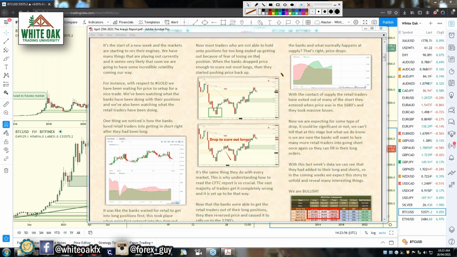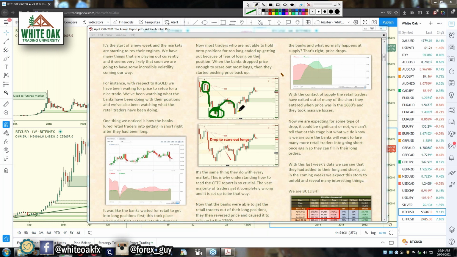So we pointed out before that when price was down here, retail traders got in mostly long. Now up here, they were getting in long. They lost, so they went in short too late in the game. And then at this very low, they got in long again. It came up. When it started to come back down, retail traders started to freak out because, once they've taken losses, they get so freaked out they don't want to take any more losses, so they'd rather just close their positions.